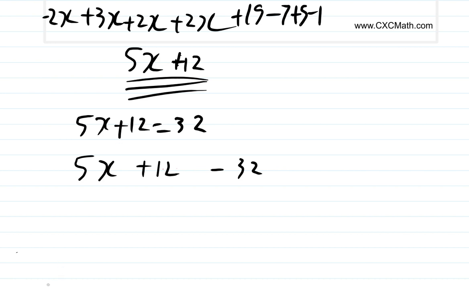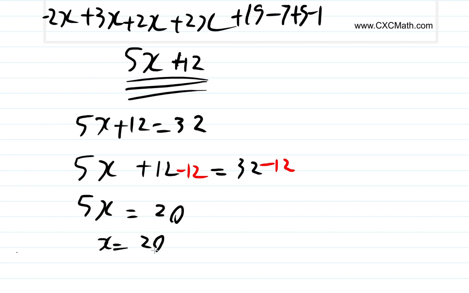You're going to minus 12. So 12 minus 12 is 0, there are 5x, equal sign, and 32 minus 12 is what? 2 minus 2 is 0. 3 minus 1 is 2. 20. x is equal to 20 over 5.